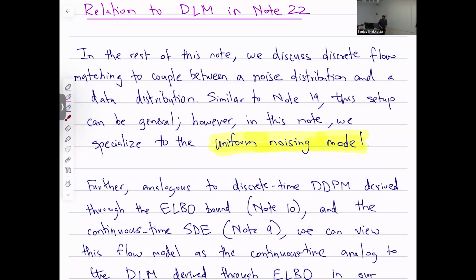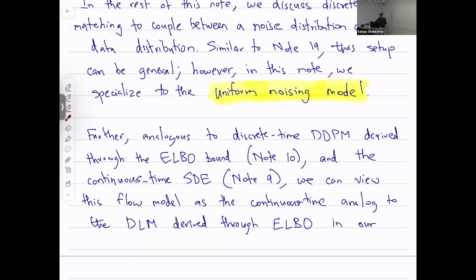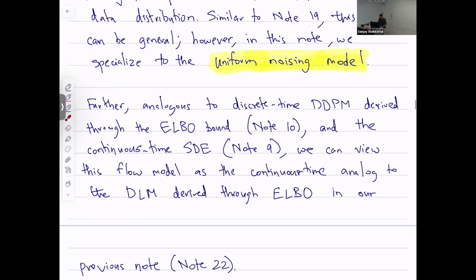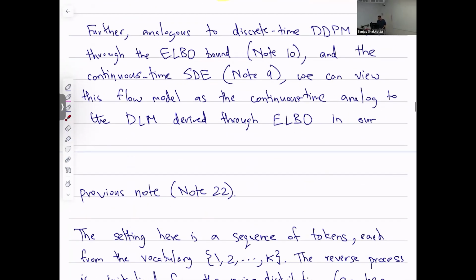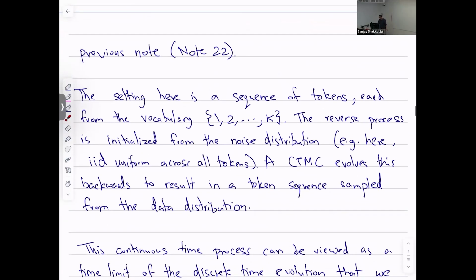Okay, so the uniform noising model is the following: you start with a uniform distribution over the vocabulary. That is your noise distribution, as opposed to having a special token called a mask. We have a sequence of tokens. The reverse process is initialized from this noise distribution, which is IID, a CTMC.